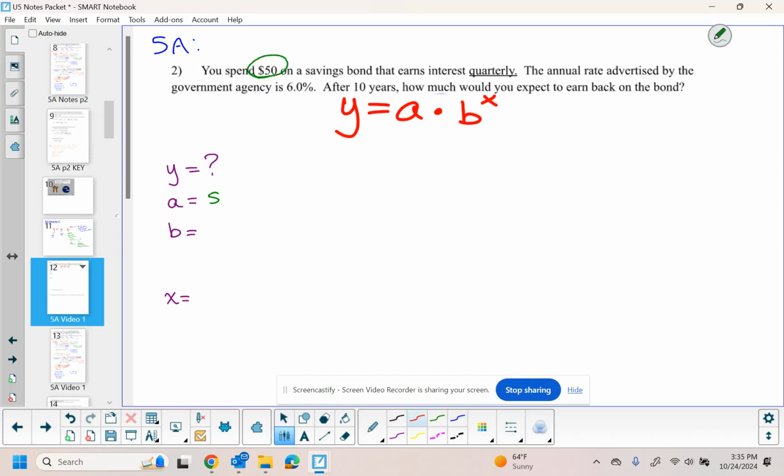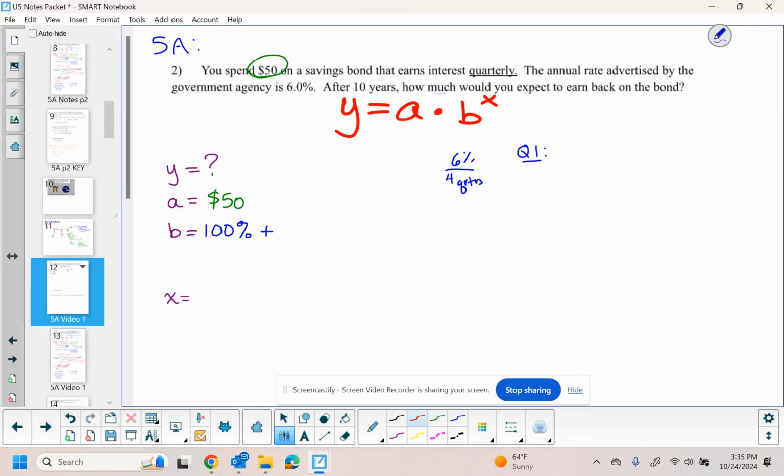So that is my A. My B is going to be 100% of my money that's already in there plus a certain amount. Since the interest is being earned quarterly, I'm taking that 6% and dividing it up among 4 quarters.